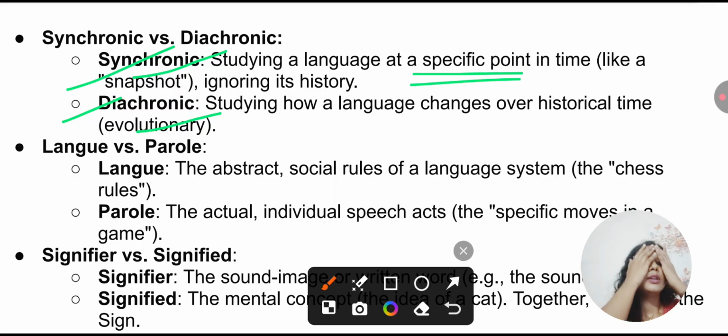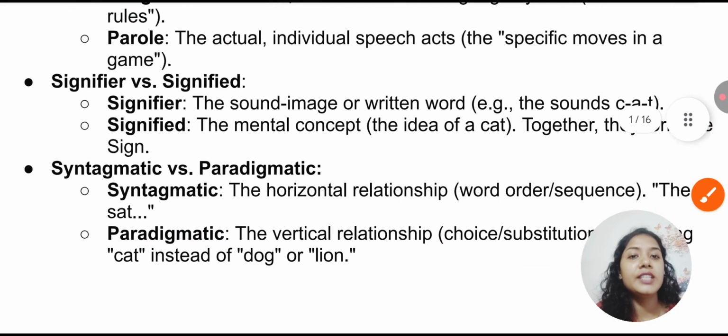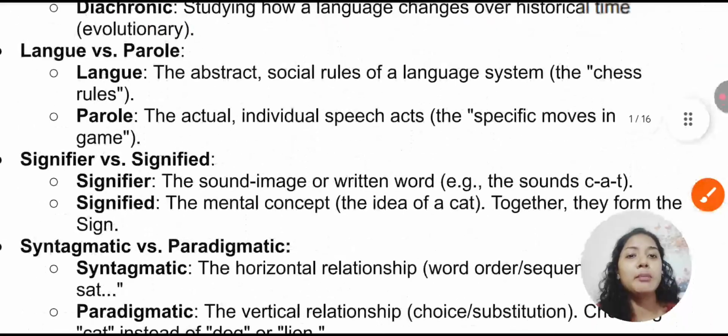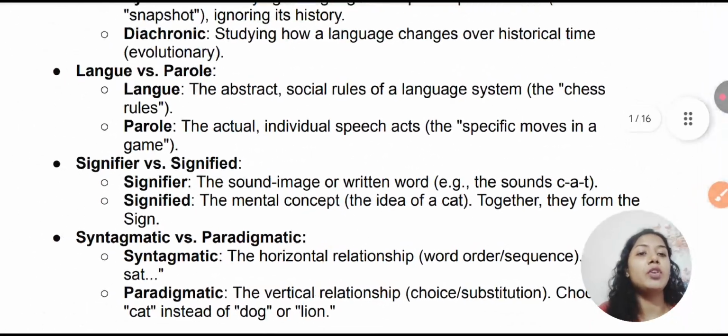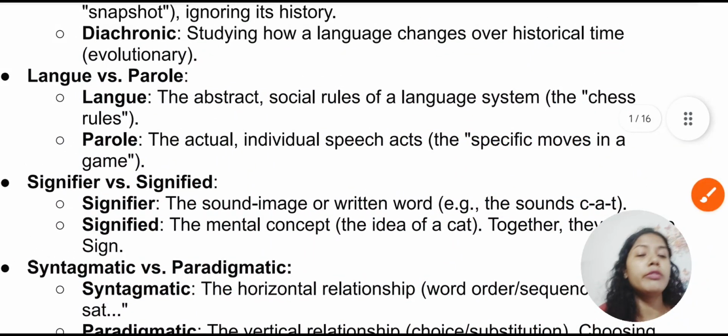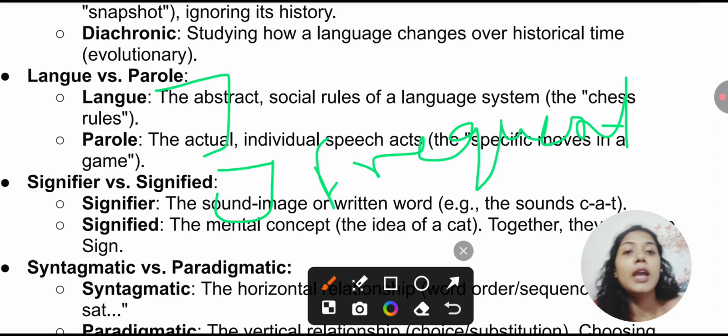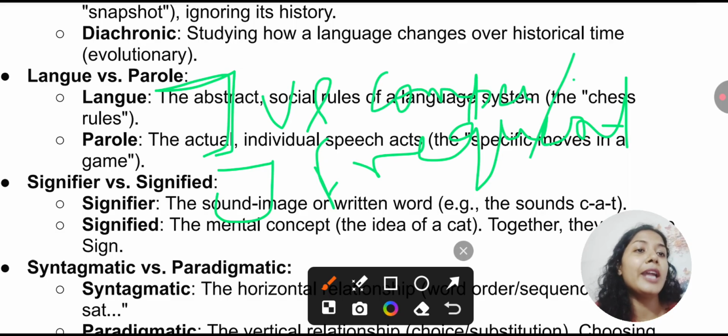Okay. Now, langue versus parole, synchronic, diachronic, langue versus parole, signifier, signified, pragmatic. These are the words that we have already discussed, so you cannot forget these. They are very important and frequent for the exam. These two are also asked versus competence and performance, the concept given by Noam Chomsky.